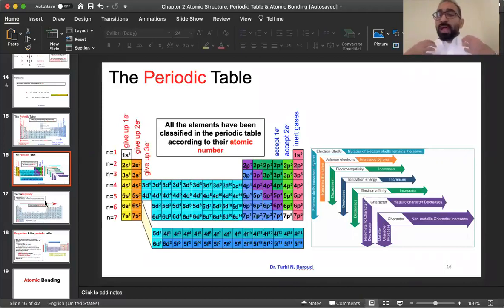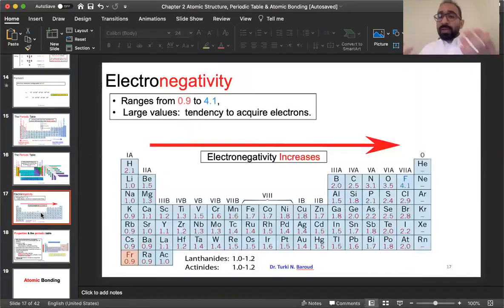Now, let's plug those numbers into the periodic table, the electronegativity values. You can see that the electronegativity value is increasing as you go from left to right. So that means the tendency of those elements to accept electrons will be higher, right?